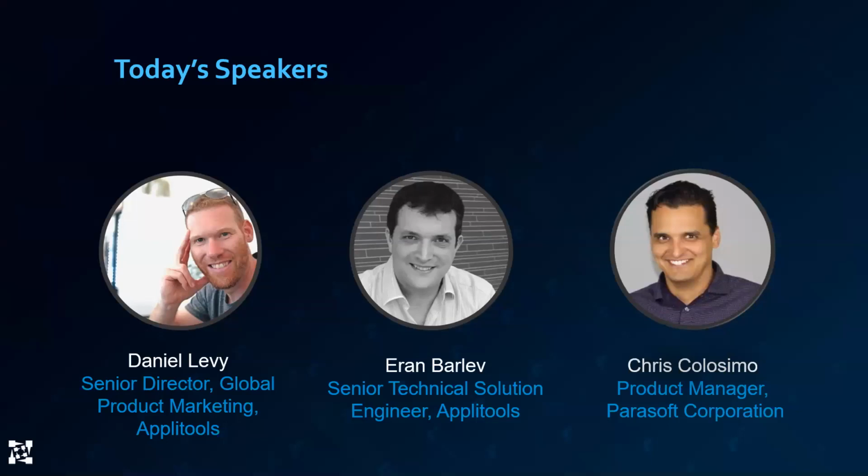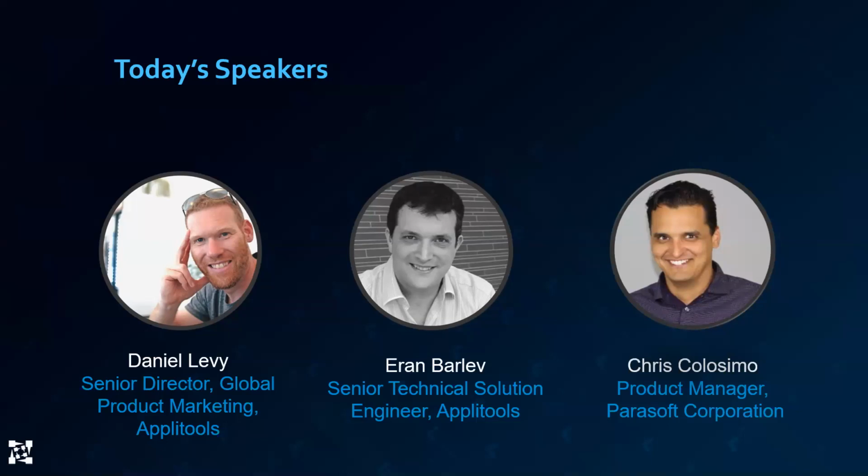Today, I'm happy to be joined by Daniel Levy, the Senior Director of Global Product Marketing at Applitools, who's going to talk us through the landscape of test automation and help us understand some of the pitfalls and how to take advantage of those with automation. And then Aaron Barliv is going to show us some really cool technology and how these products come together to leverage the power of AI.